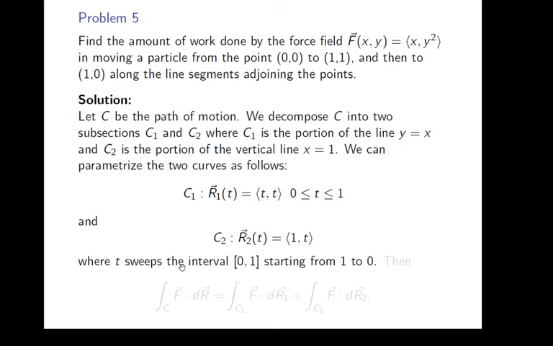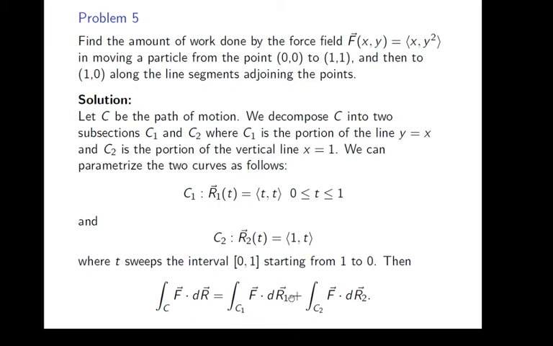But as t sweeps this interval, note that it starts from 1 instead of 0. Now, the line integral of F along C can be decomposed into a sum of two line integrals, namely the line integral of F along C1 and the line integral of F along C2. So all we need to do now is to compute these two line integrals and add the results.